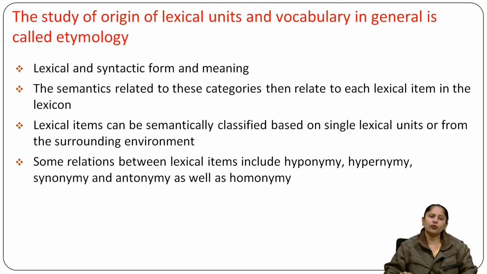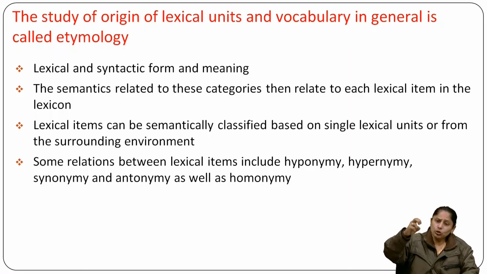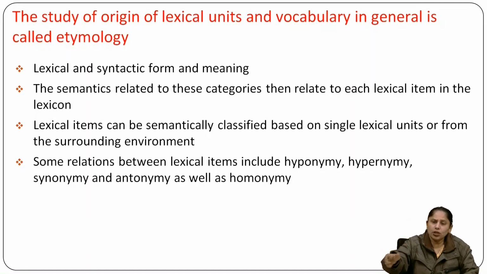The study of origin of lexical units and vocabulary in general is called etymology. Lexical and syntactic form and meaning. These are the important things which are mentioned over here. The study of lexical units and the vocabulary in general is generally called etymology. It means if you are going to gain the actual origin of that word, it is basically a matter of etymology.